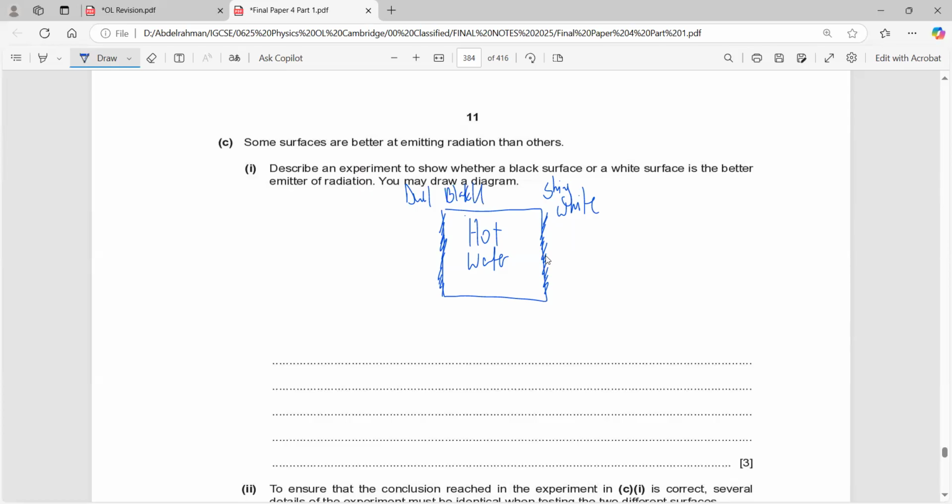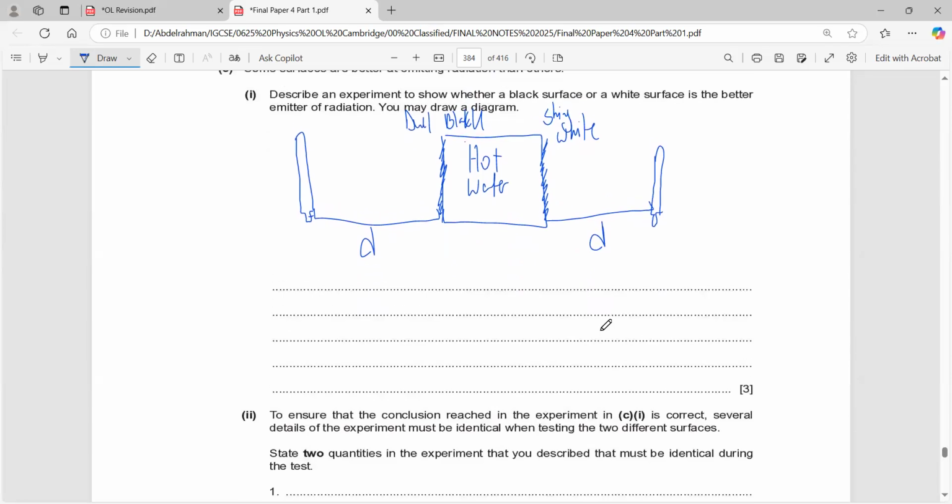And you have thermometers on each side with equal distances. يلا. Distance D here and distance D. They have to be at equal distances.